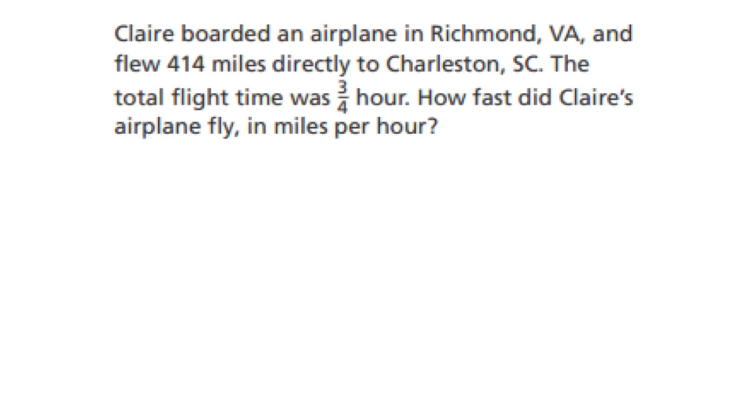Claire boarded an airplane in Richmond, Virginia, and flew 414 miles directly to Charleston, South Carolina. The total flight time was 3/4 hour. How fast did Claire's airplane fly in miles per hour? Miles per hour is our setup. And as I mentioned yesterday, start in words. If it says miles per hour, then you have miles over hour.